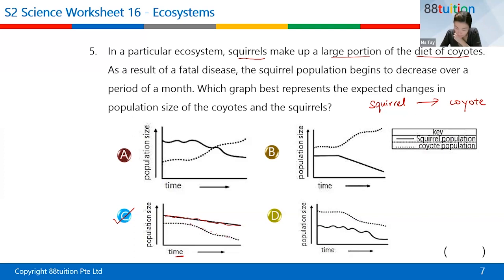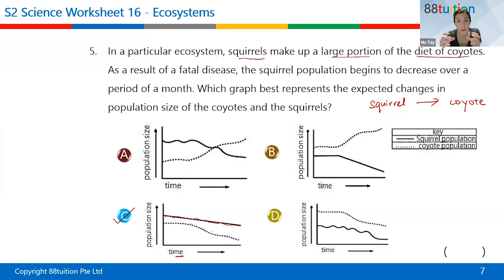Zeni, you chose B, right? You understand what went wrong now? Because it says squirrels make up a large portion of the diet. Like I mentioned, when we are consuming something, we don't just eat a little bit of it. The coyote is definitely bigger than the squirrel.